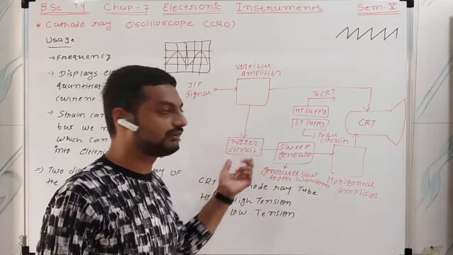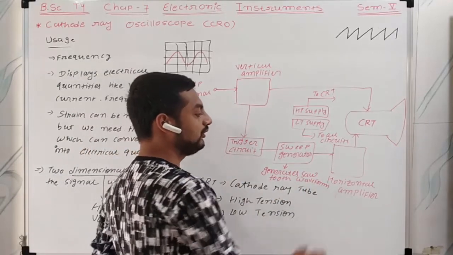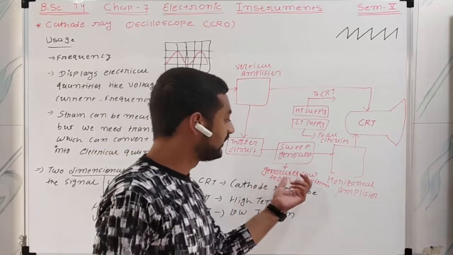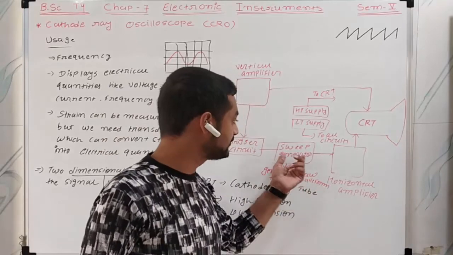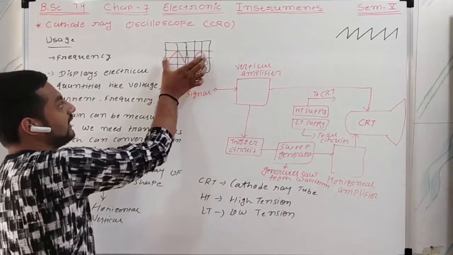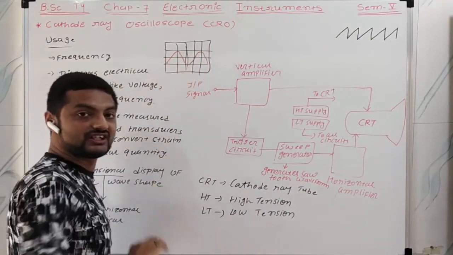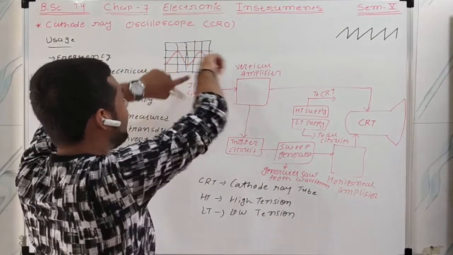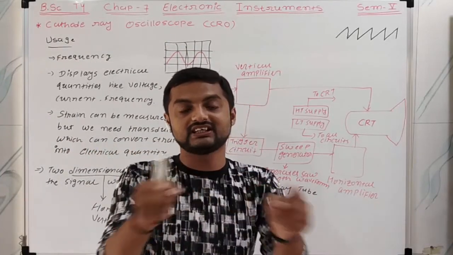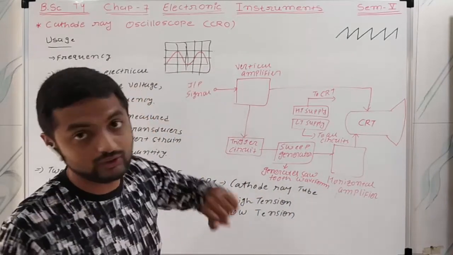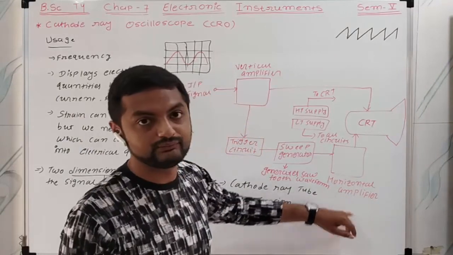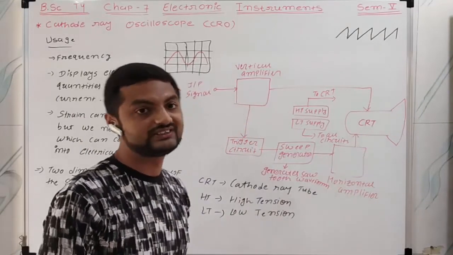So this trigger circuit is there to generate the waveform. Now the horizontal amplifier: whatever sawtooth waveform is generated is compared with this horizontal amplifier, and if you want to increase or decrease its length or width, it can be done by this horizontal amplifier. Then it is given to this CRT.